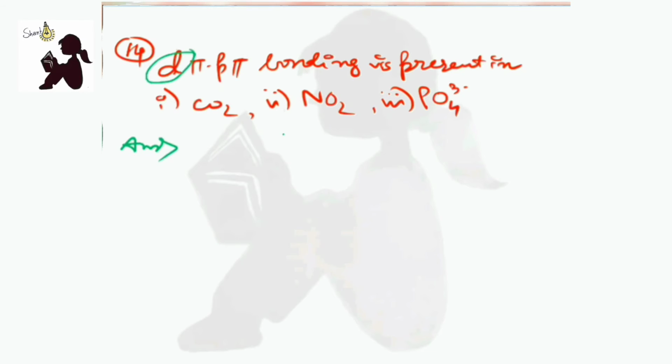From the second period onwards there is existence of the d orbital. It can be vacant, it can be filled, that doesn't matter, but there is existence of it. So we have to see if there is any atom of the second period. You can see here there is a molecule of the second period, and all the other two are from the first period. So here our option 3 will be correct, that is PO4 3 minus. We will have d pi p pi bonding present.